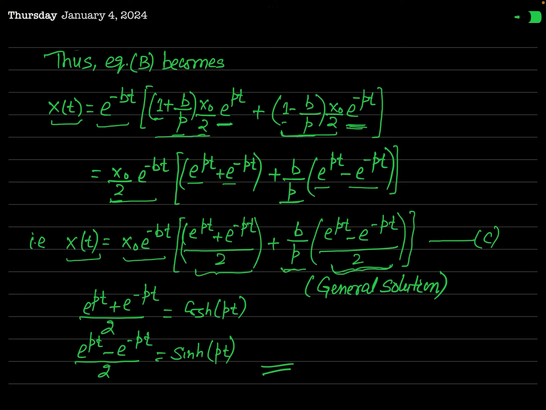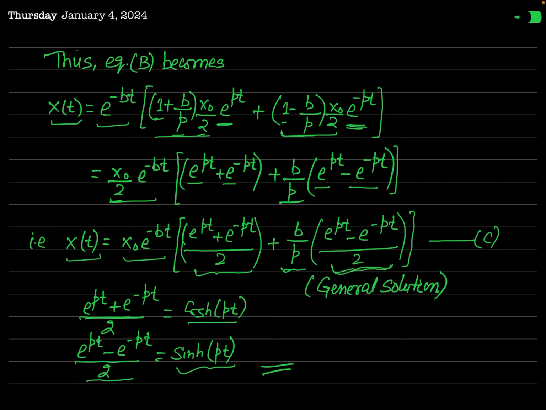Okay. So this is the general solution of the equation of motion of the damped harmonic oscillator. You also know that e to the power pt plus e to the power minus pt divided by 2 is equal to cos hyperbolic pt, and e to the power pt minus e to the power minus pt over 2 is sin hyperbolic pt.